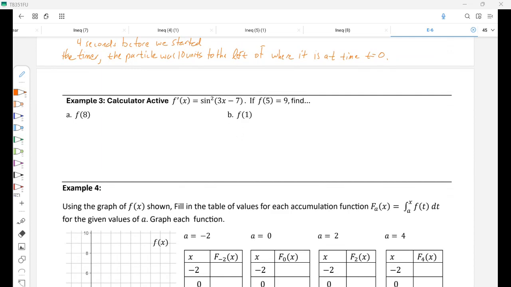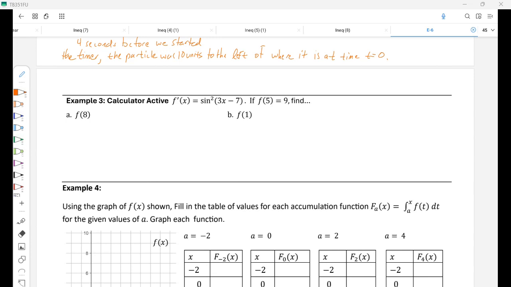This is taking what we did in that last problem, but taking it out of context. I have a function value, I have a derivative, and I want to know what the function value is somewhere else. We've done these problems before with the fundamental theorem, but now we're going to look at them with the idea of an accumulation function.